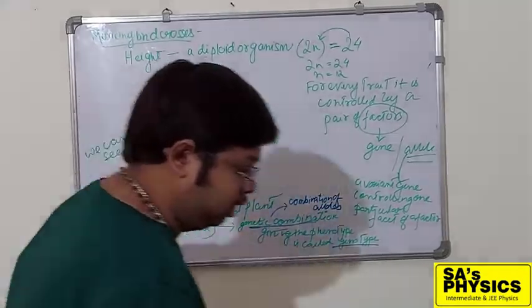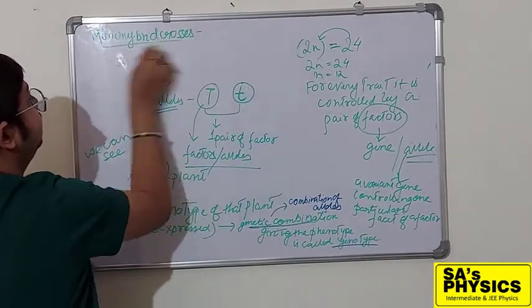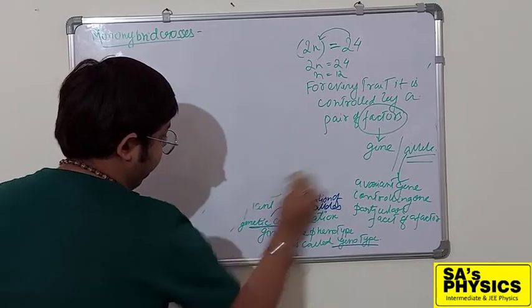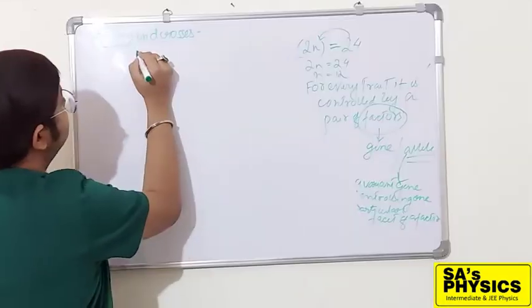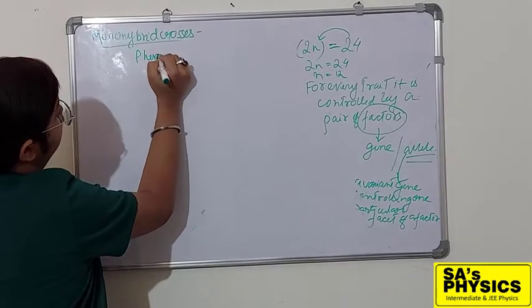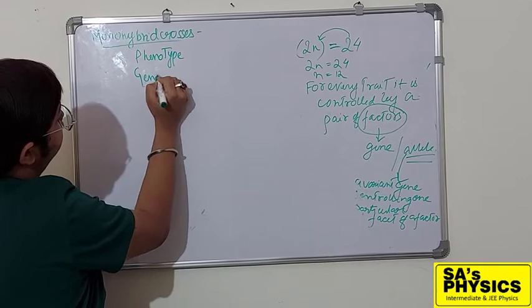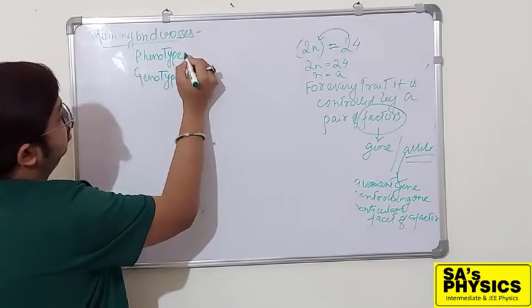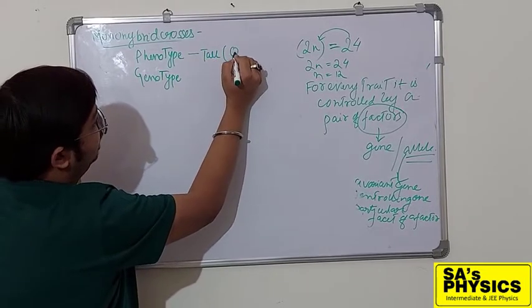So we have two more terms over here, phenotype and genotype. So tall is phenotype, it's a qualitative thing.